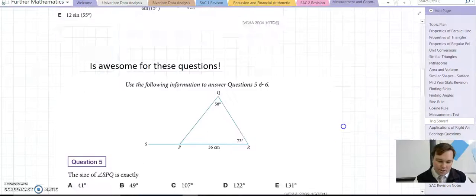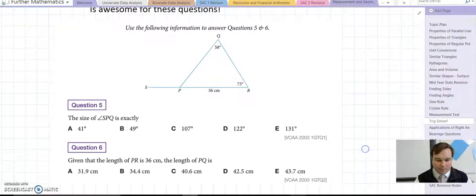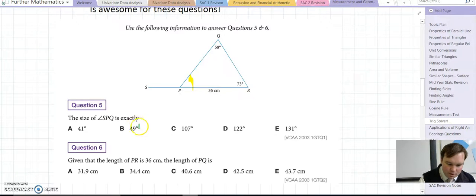However, there are some questions where Trig Solver can be extremely useful. Right. So, here, question 5. Actually, not a Trig Solver question, but question 6 is, and they're linked. So, size of SPQ. SPQ is this angle here, and you would do 180 take both of those, which would get you an answer of 49 degrees.